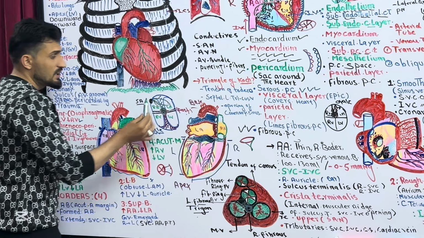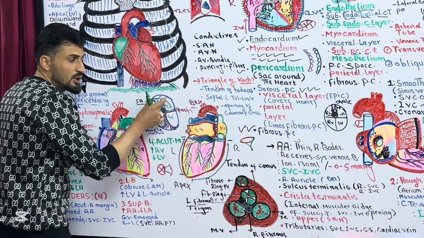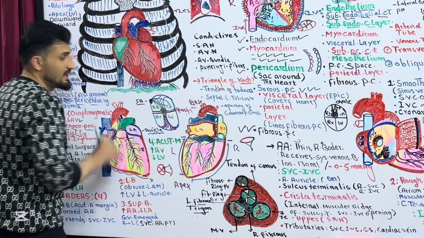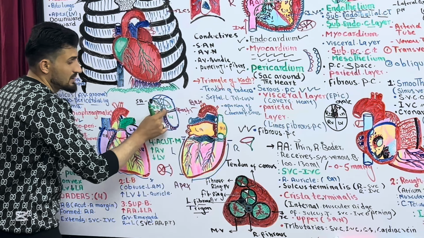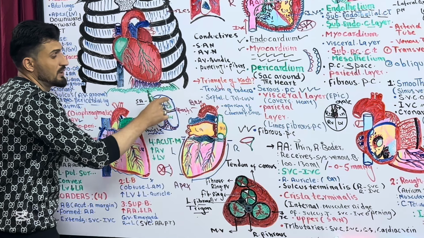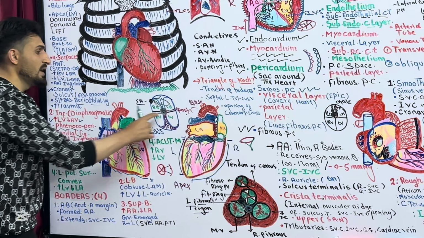And the only way to pass depolarization and repolarization from the atria to the ventricles is by the help of this AV node.